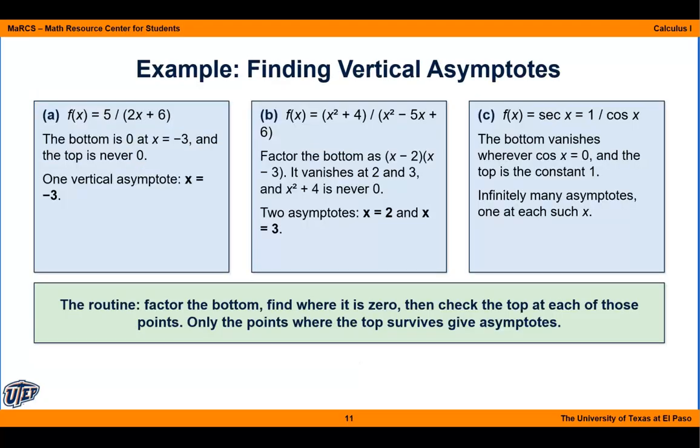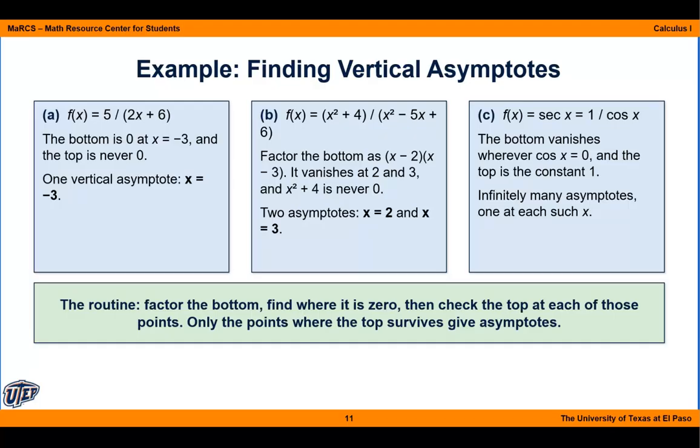Let's identify the vertical asymptotes in these 3 examples. In part A, the denominator is 0 at -3, while the numerator remains non-zero. Therefore, there is one vertical asymptote at -3. In part B, factor the denominator. Its zeros are 2 and 3. And the numerator is non-zero at both points. Therefore, the graph has vertical asymptotes at 2 and 3.